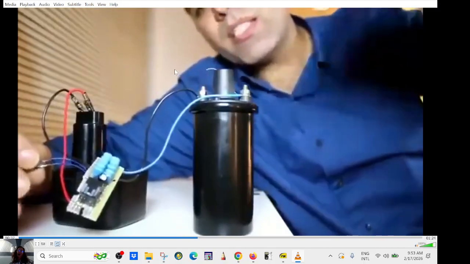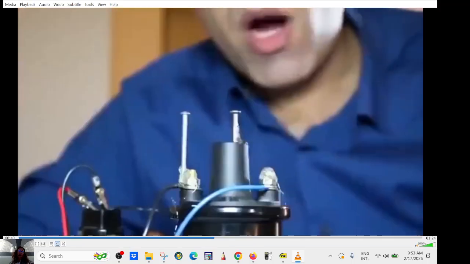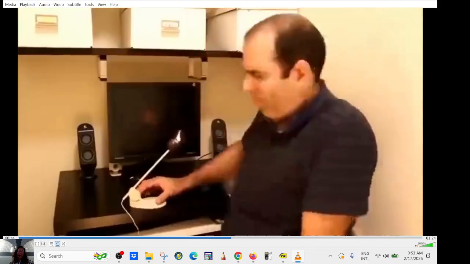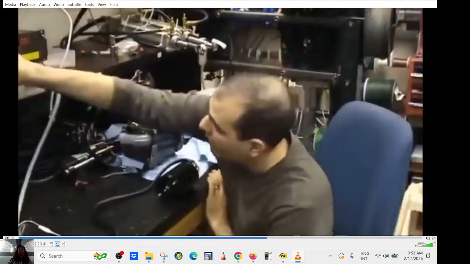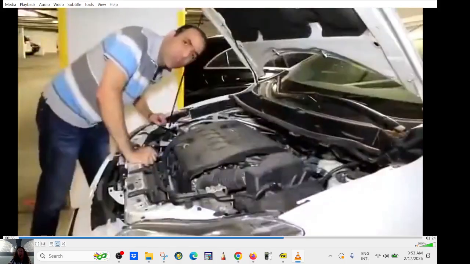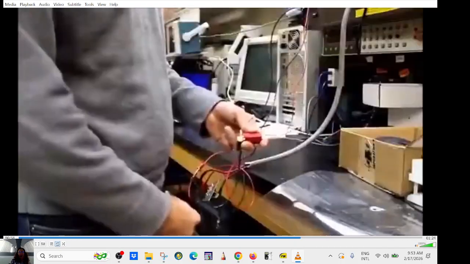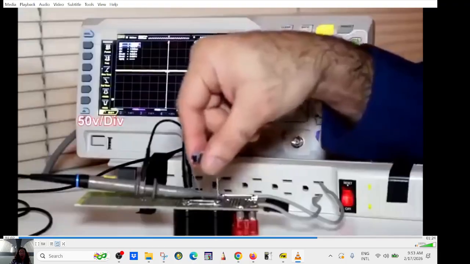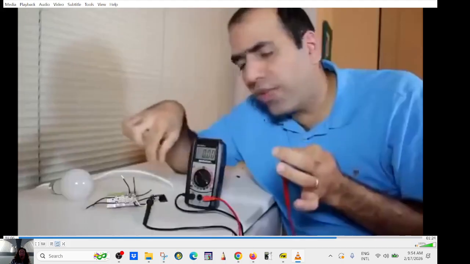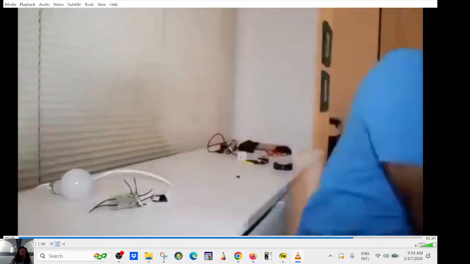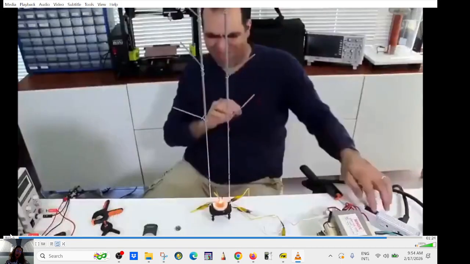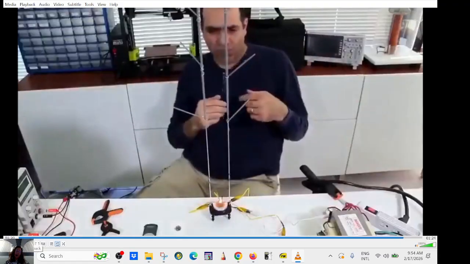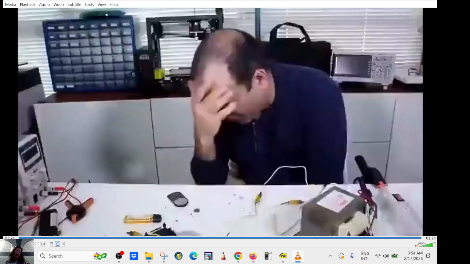So these are giant capacitors. So this is called a Jacob's ladder, right?